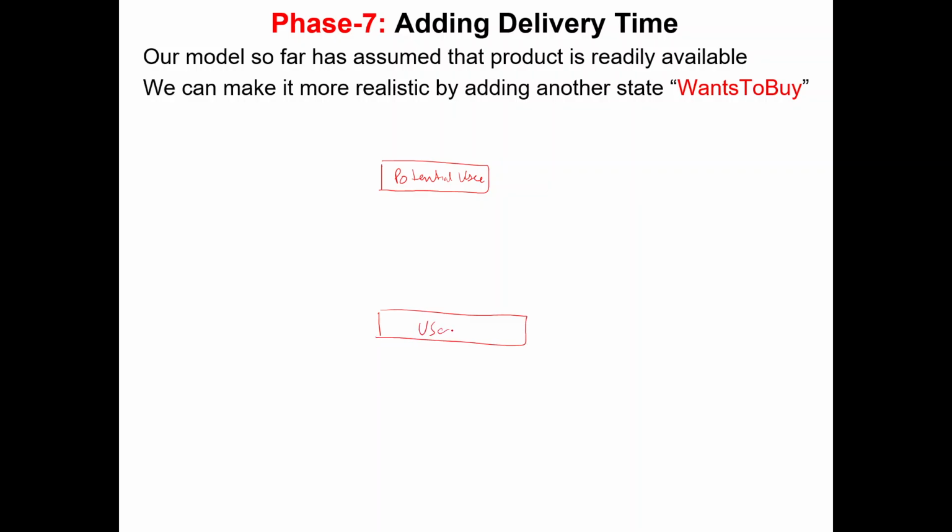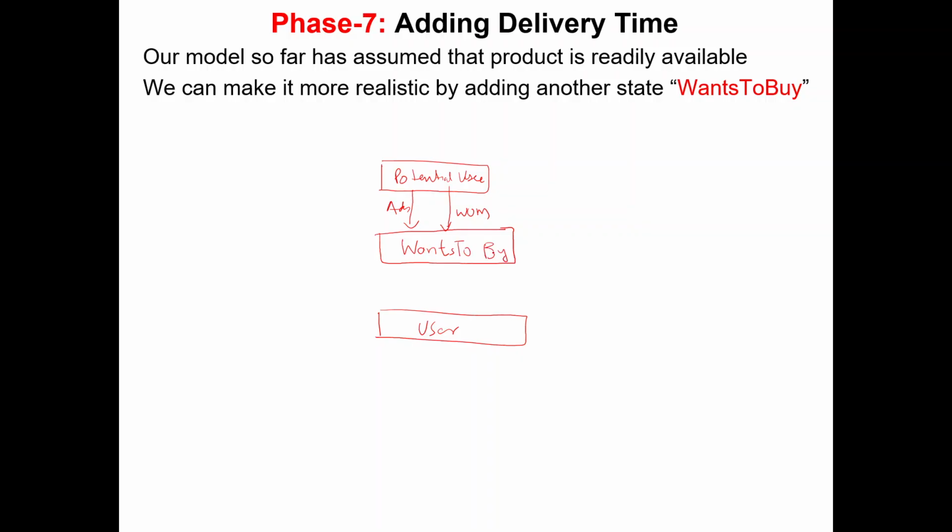So initially we had these two states. What will happen is that when the potential users see ads and through the word of mouth, they will decide to purchase the product. When they decide to purchase the product, they will enter this state, that is wants to buy.